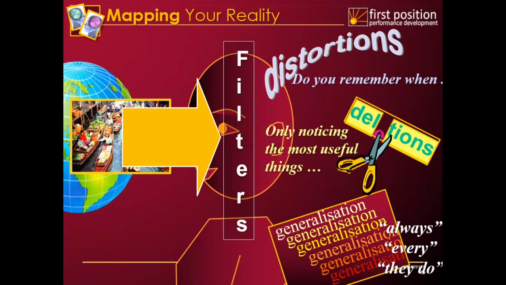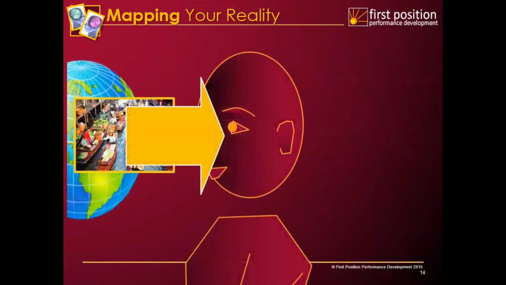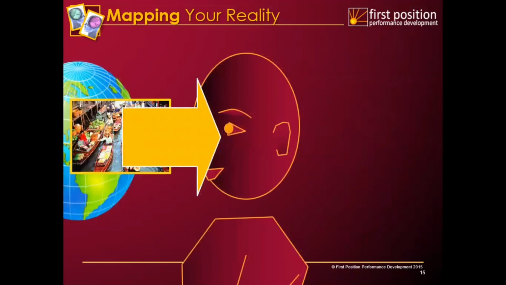What's important is that we realize that these processes are happening, that we're not actually able to re-experience reality as it actually is. What we're doing is we're taking in information, we're experiencing it through our senses, and then it goes through a series of filters that help us manage and sort information and sift out what will be most useful to us.